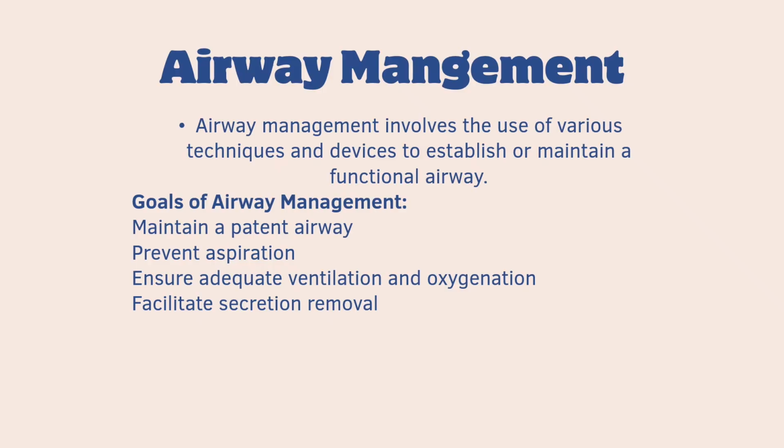One of them is known as the oropharyngeal airway, the second one the nasopharyngeal airway. But there are some complications of poor airway management, which could be as follows: airway obstruction, aspiration, hypoxia, VAP, tracheal injury, and accidental extubation.